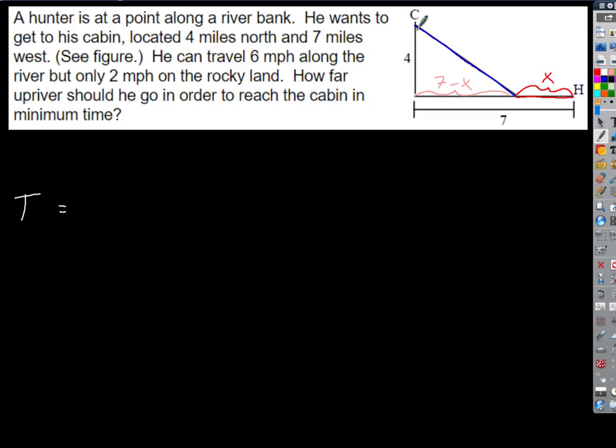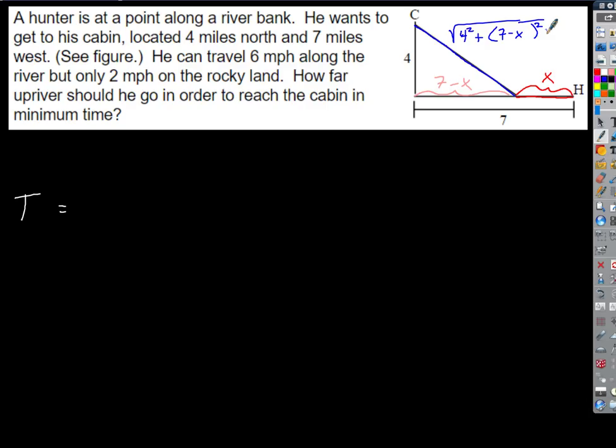The blue distance is the square root of 4 squared plus the quantity 7 minus x squared. Do we agree? Those are the distances.